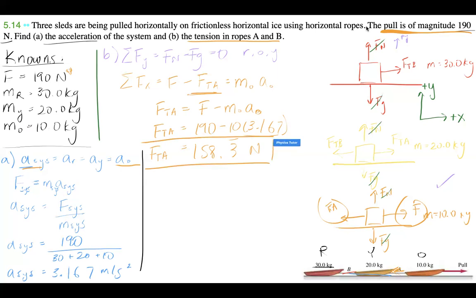Now we have to do the tension in rope B. We can go about this in two ways. This is one of the problems where if you round your answer early on, you're going to end up with a slightly different answer depending on whether you use the red or yellow sled to solve for FTB.